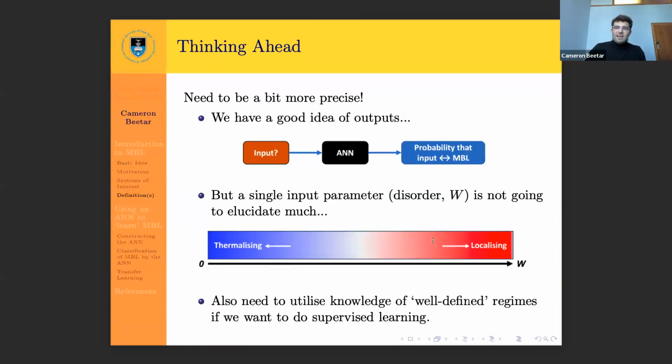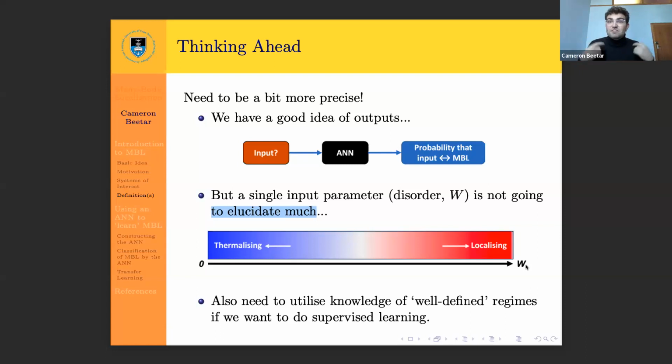Right. So thinking ahead a little bit further, we have a good idea of what we want out, and that's a probability that what the input corresponds to is something that is localizing or thermalizing. We will discuss what the neural network structure will be later, but one thing that we need coming out of the physical problem is the input to the neural network. Currently, the only thing I've told you is that the disorder parameter is what's going to tell us about whether or not the system thermalizes or localizes. But if we imagine what that would look like, the network can only give us basically a single line heat map of whether or not it's thermalizing or localizing.